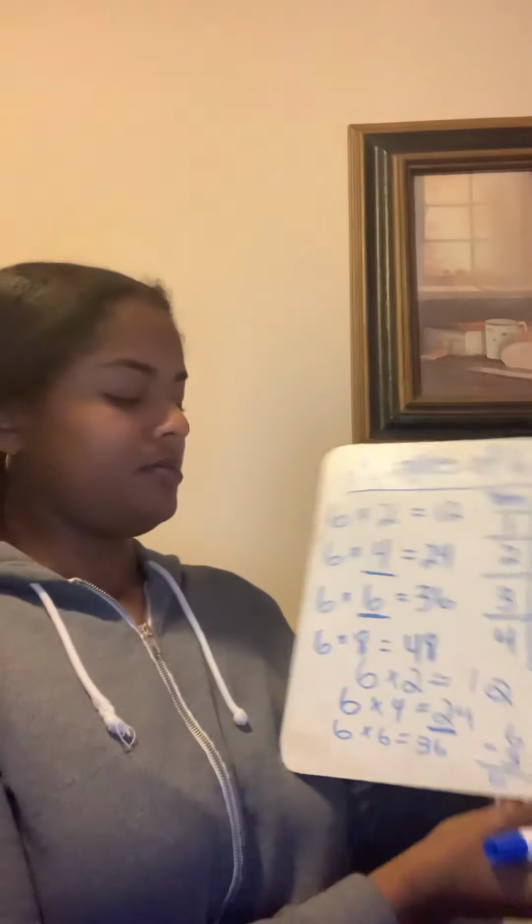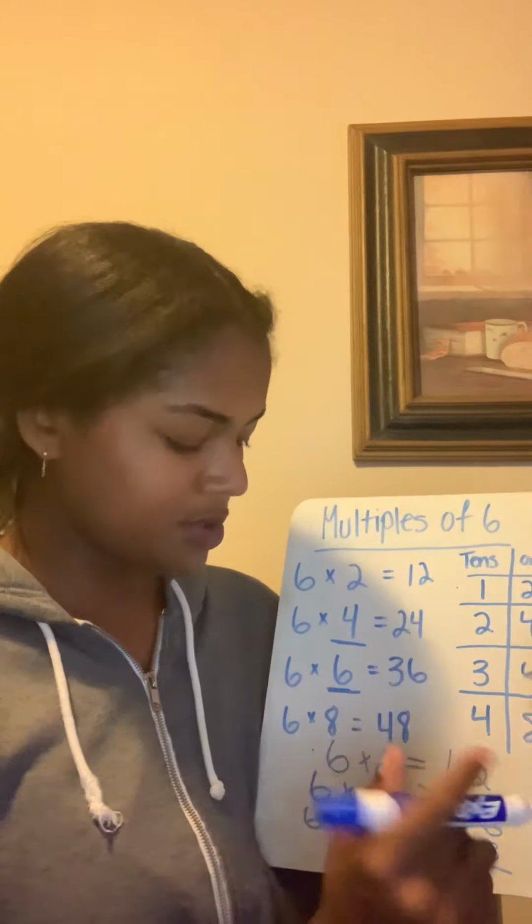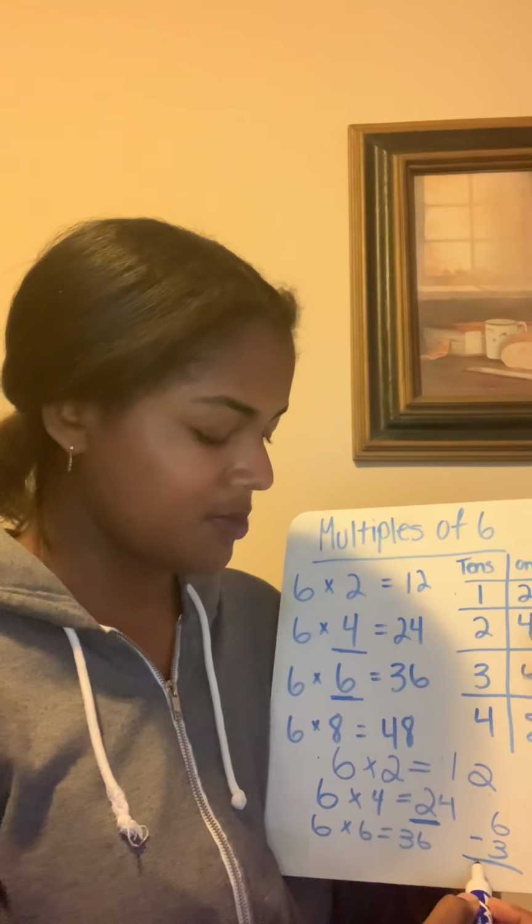If this is 6, and we take away half, half will be, let's see, 1, 2, 3. Yes, because 3 plus 3 is 6. So that's how we know half of 6 is 3. Oops, I put 6. I meant 3.